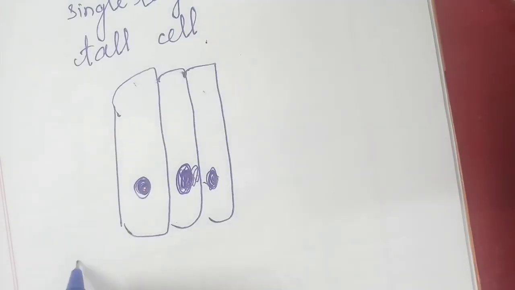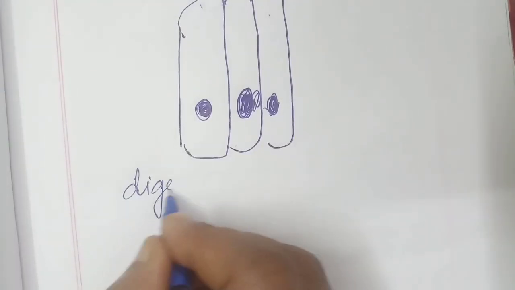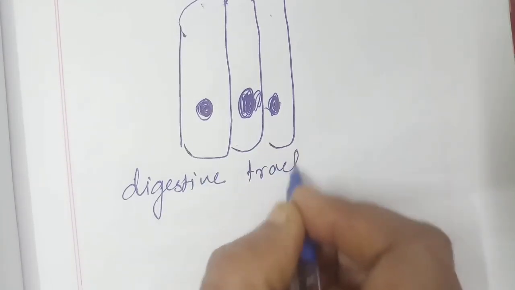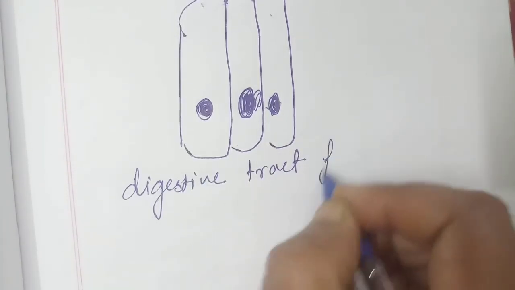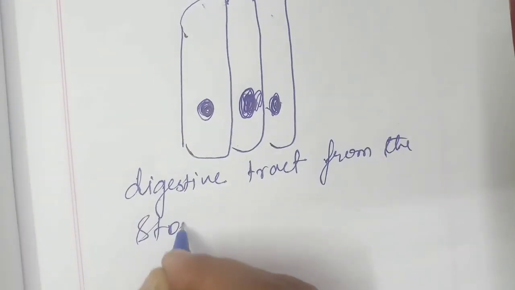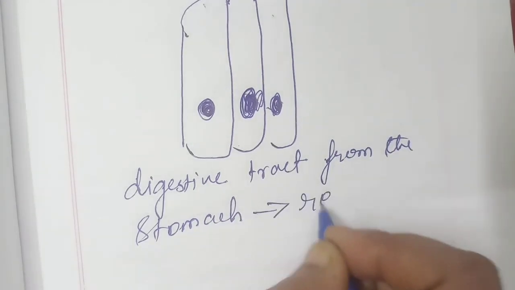Where they are found, this columnar epithelium means digestive tract from the stomach to rectum.